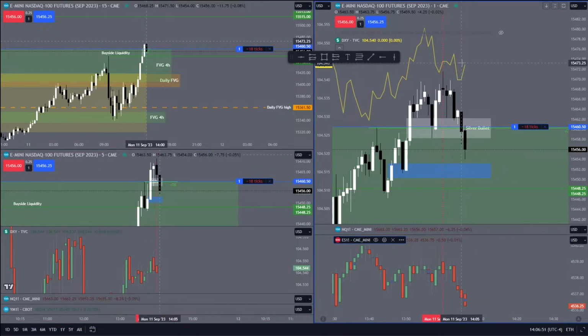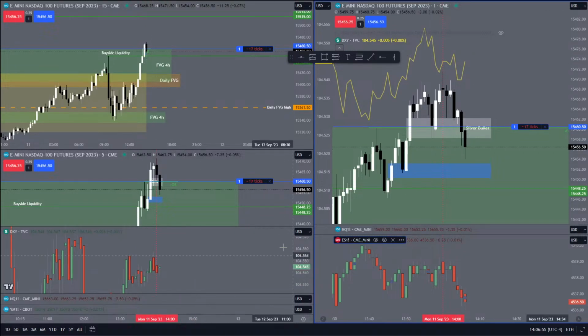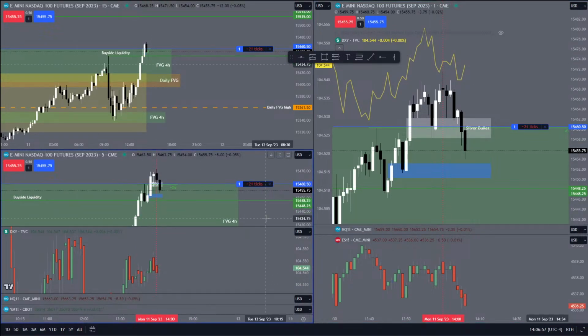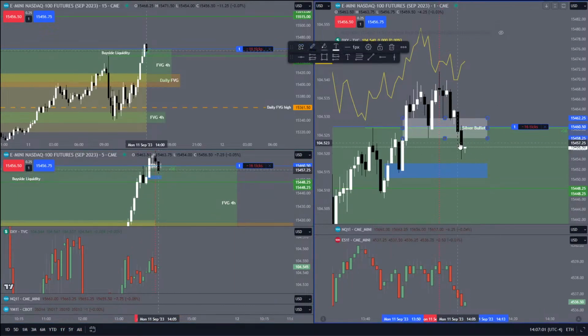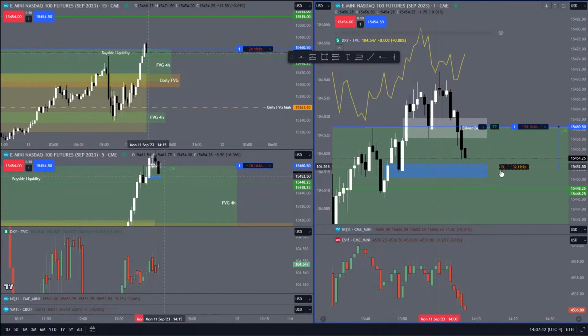See if the dollar starts making higher highs. Okay, so we had a close outside of this fair value gap. That's not the best. We're going to put our stops on this one, right below here.